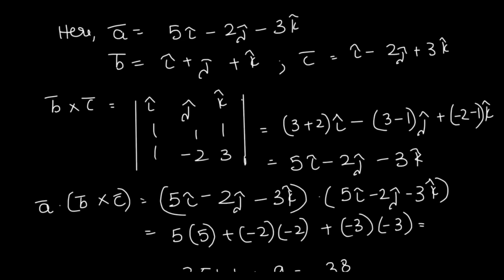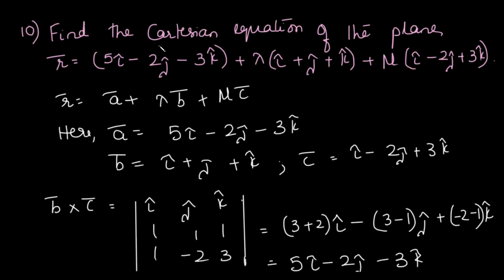But if you see in the question, we were asked to find the Cartesian equation of the plane. So this vector equation has to be converted into the Cartesian form.